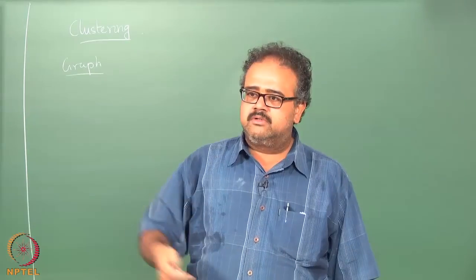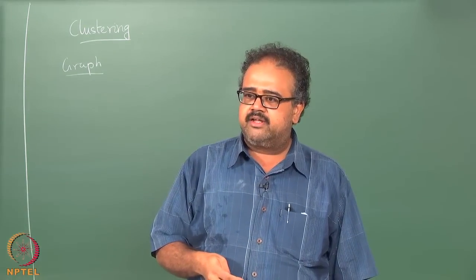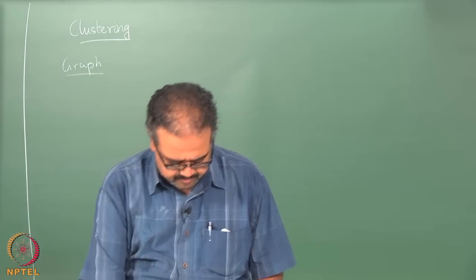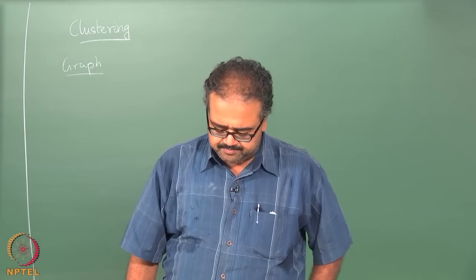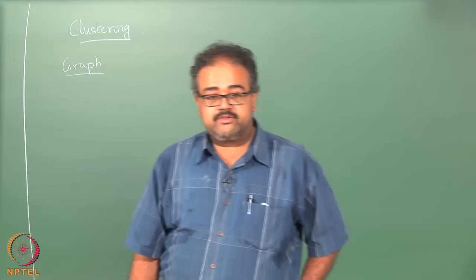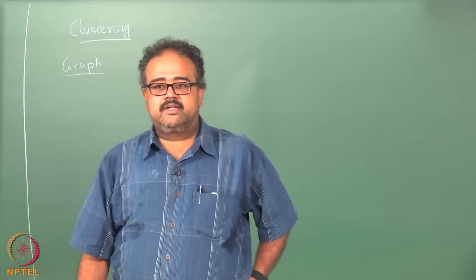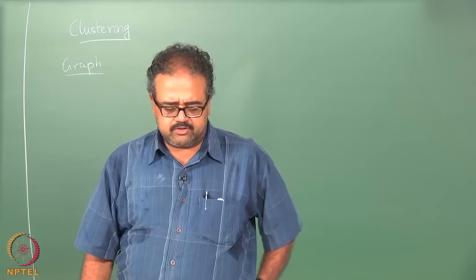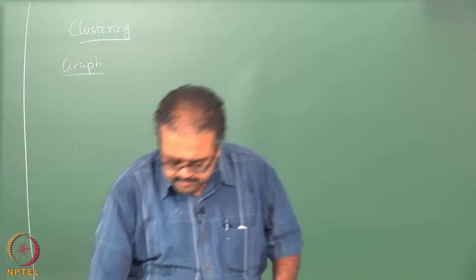We said you could do minimum spanning trees, and then you could do single link, complete link clusters. You could form that using graphs, looking at thresholded graphs. So we looked at a variety of different things you could do with graphs.